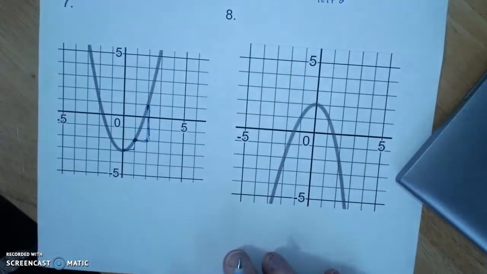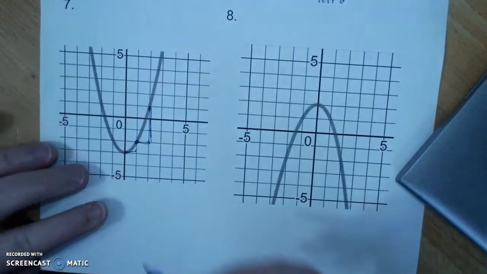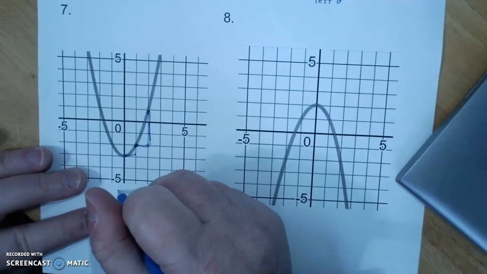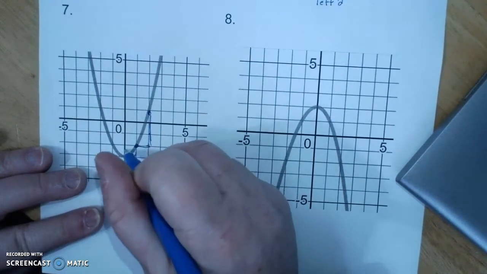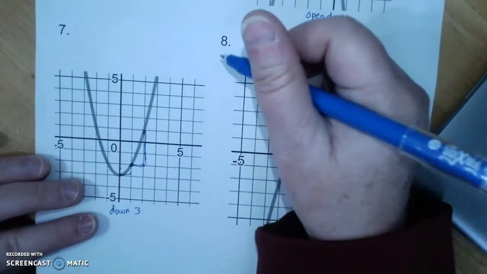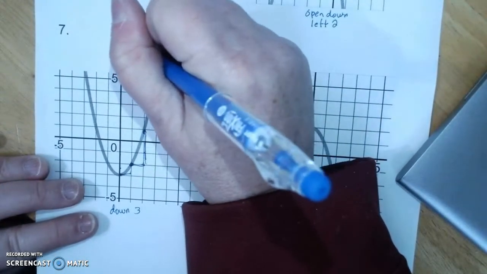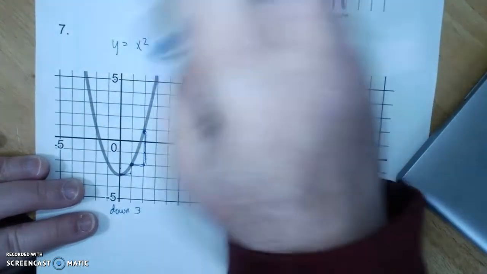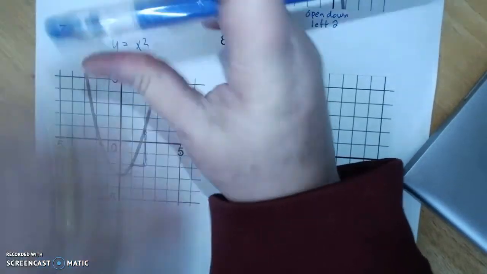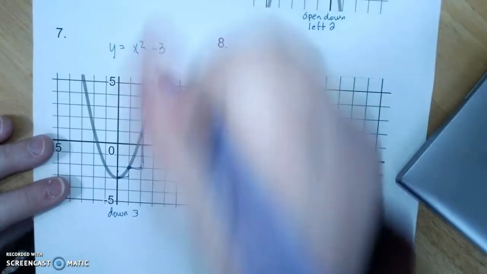I still have that. It's still x squared. I took my vertex and I shifted down 3. So that would be y equals x squared plus, not plus, minus 3.